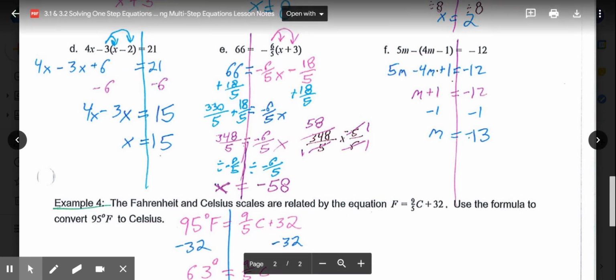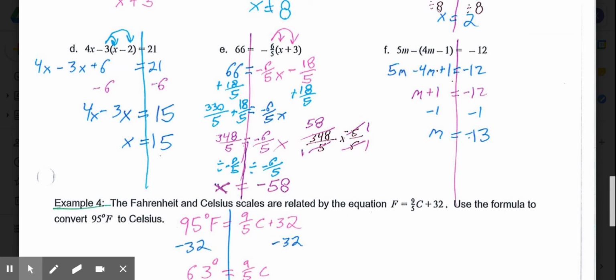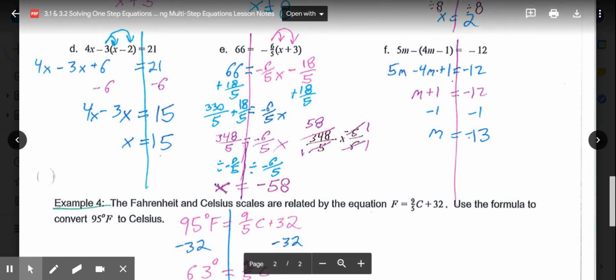In E, we're distributing the negative 6/5. So when I do that, the right-hand side becomes negative 6/5 x minus 18 over 5. I left both as a fraction. That way, when I'm undoing my subtraction, I'm just adding 18 over 5 to each side.